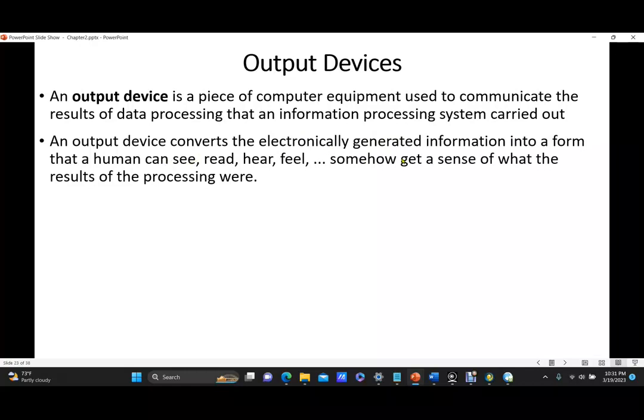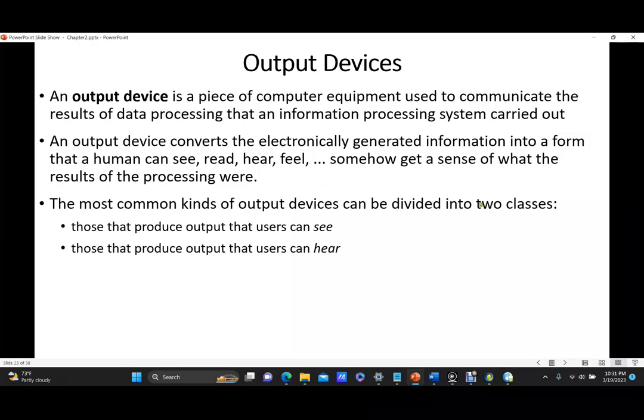It converts the digital electronic information into some kind of a form that a human can deal with, can read, can hear, can feel, somehow find out, get a sense of what the results of the data processing was.